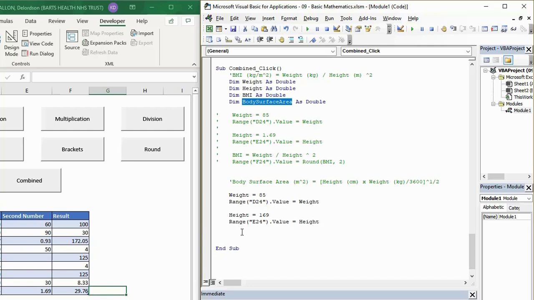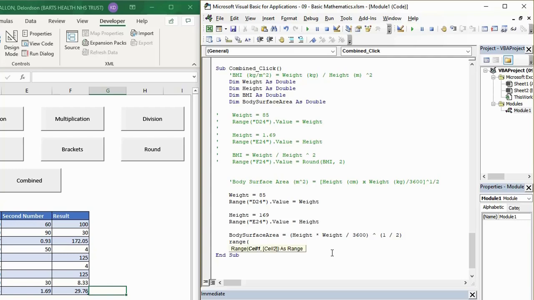And then we'll say our body surface area is equal to, bracket open, height multiplied by weight divided by 3600 and all raised to the power 1 divided by 2, which is half. And that should be our formula for body surface area.